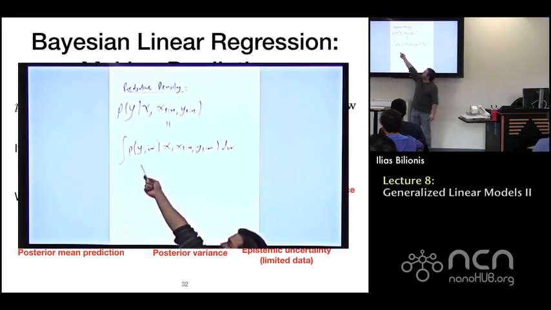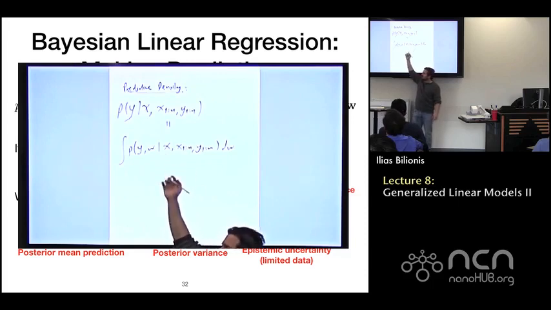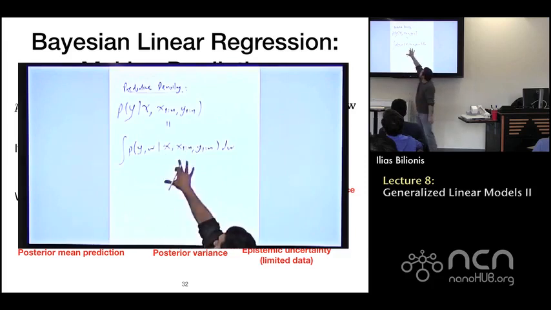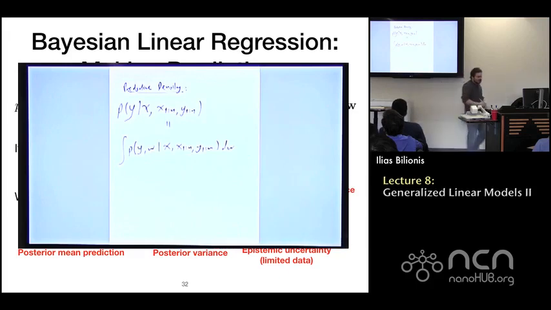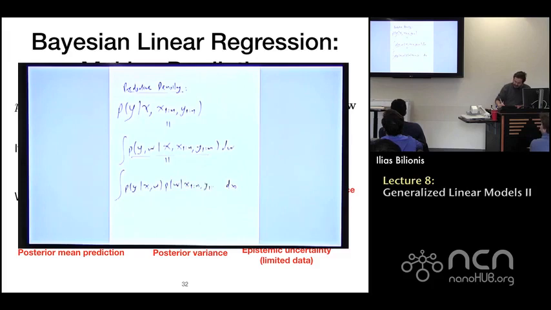So now I have this. And now in here, I need to make appear whatever I already know. Okay? So here I will introduce the likelihood and the posterior of the weights. So if you use Bayes' rule for this term right here, you're going to get P(Y|X,W) times P(W|X_1:N,Y_1:N).